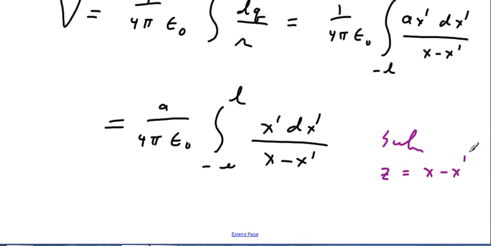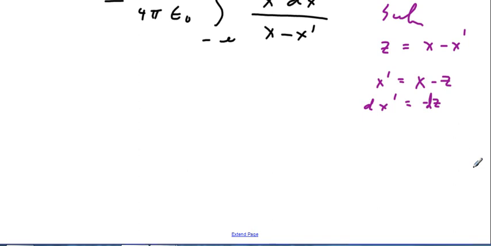So z is equal to x minus x prime, and that means that x prime is equal to x minus z, and dx prime is equal to minus dz.